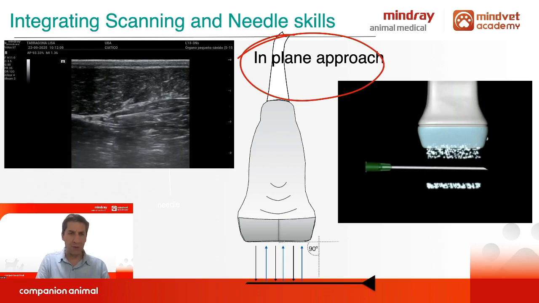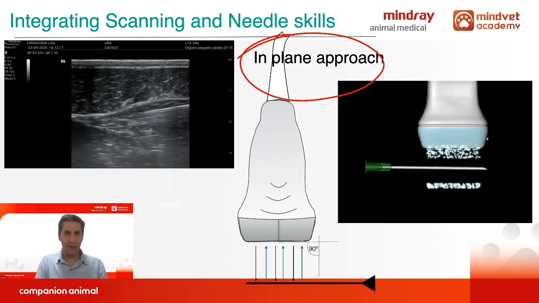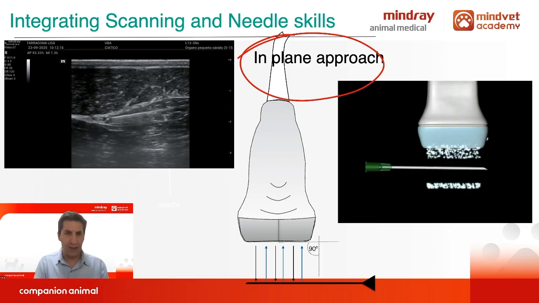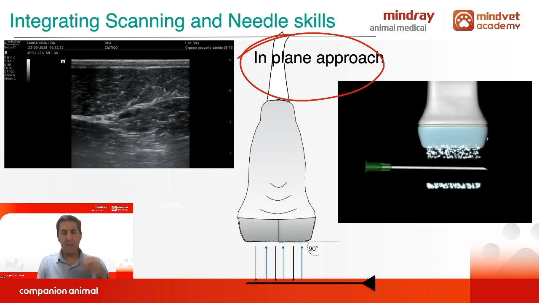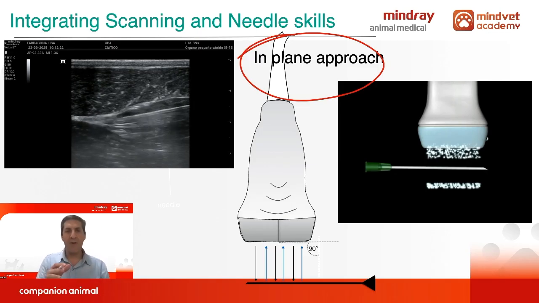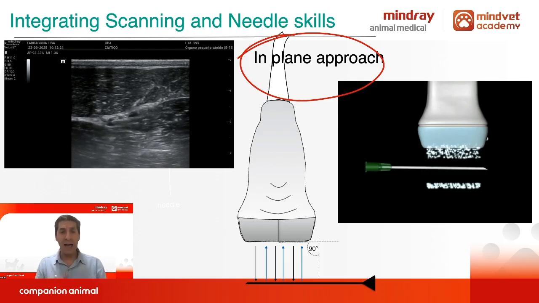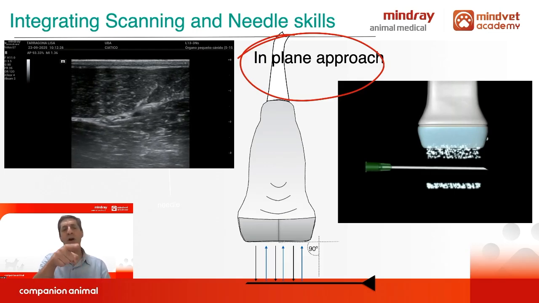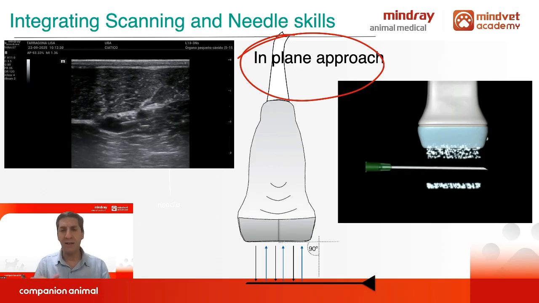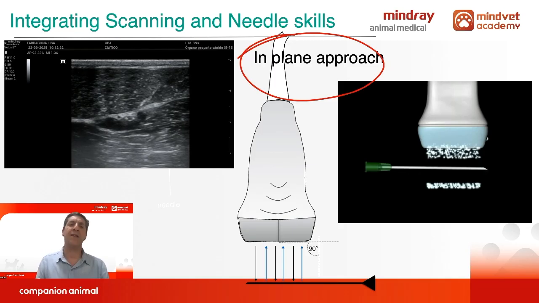We are going to see the body of the needle. We will be able to see the tip of the needle. And as you can see, our target, in this case the sciatic nerve, the fascias around, and the distribution of the injectate in the intermuscular or interfascial plane.